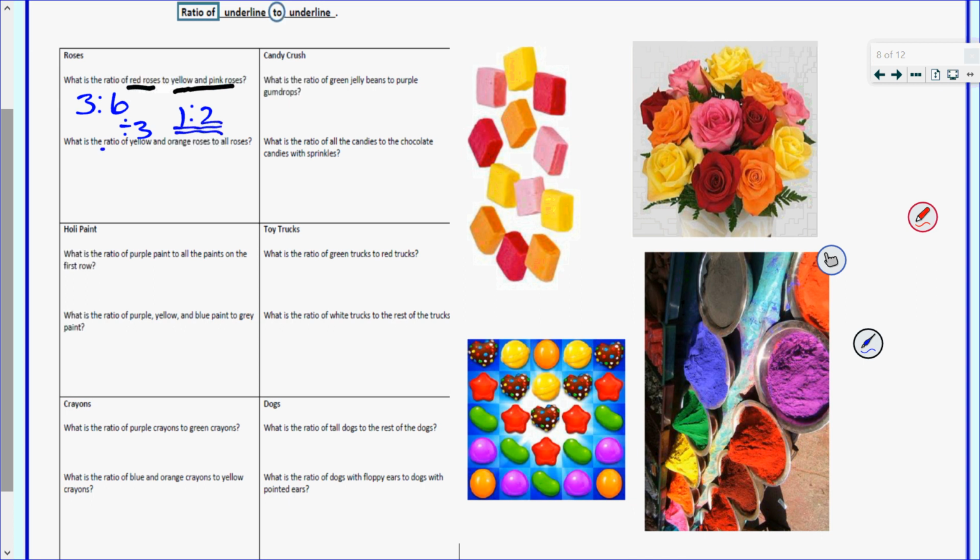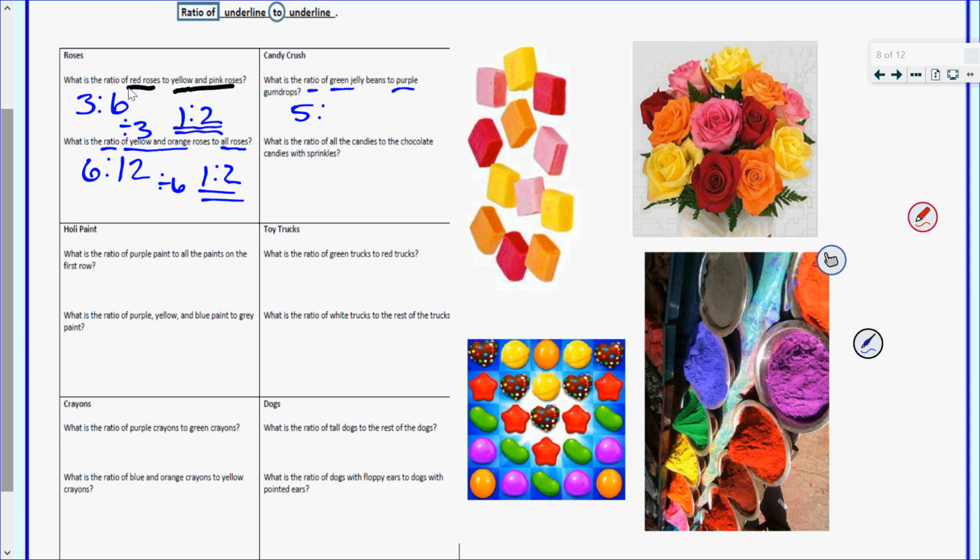What's the ratio of yellow and orange to all roses? Yellow and orange, I count 6 of them. All roses, there's 12 total in the bouquet. I can divide both by 6, and I get 1 to 2. For our Candy Crush, ratio of green to purple. Green, I've got 5.